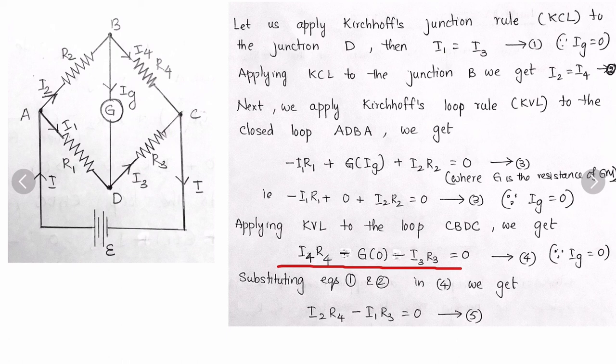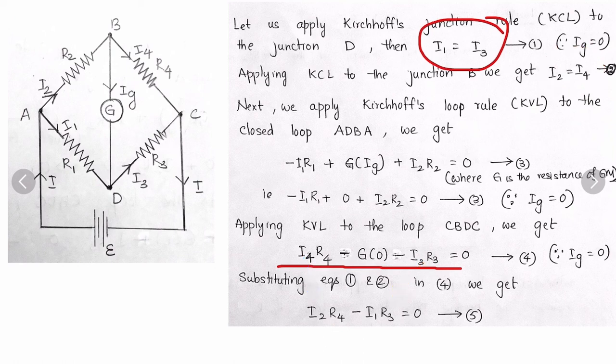Here 0 means Ig, the current through the galvanometer, which we made 0. But from equation 1, I1 is equal to I3, and from equation 2, I2 is equal to I4. Therefore, in place of I4 here, we will substitute I2, and in place of I3, we will substitute I1. So we are substituting equations 1 and 2 in equation 4.